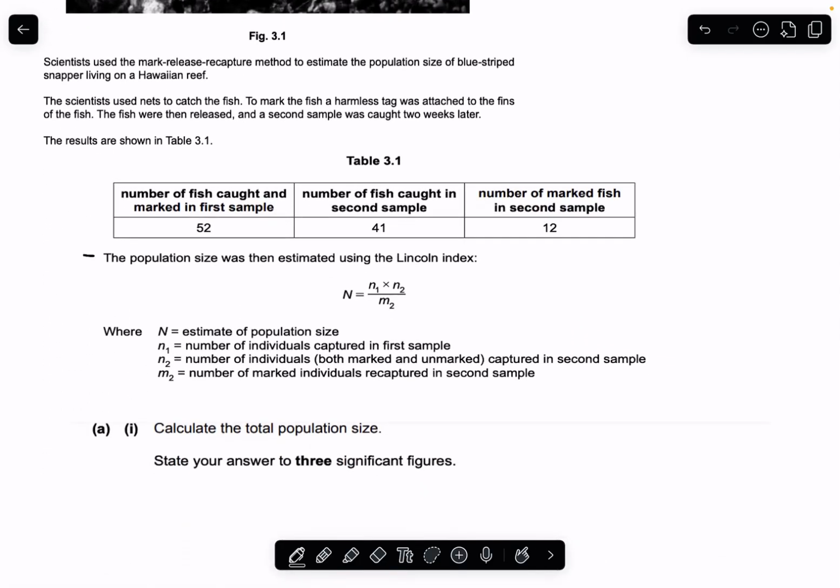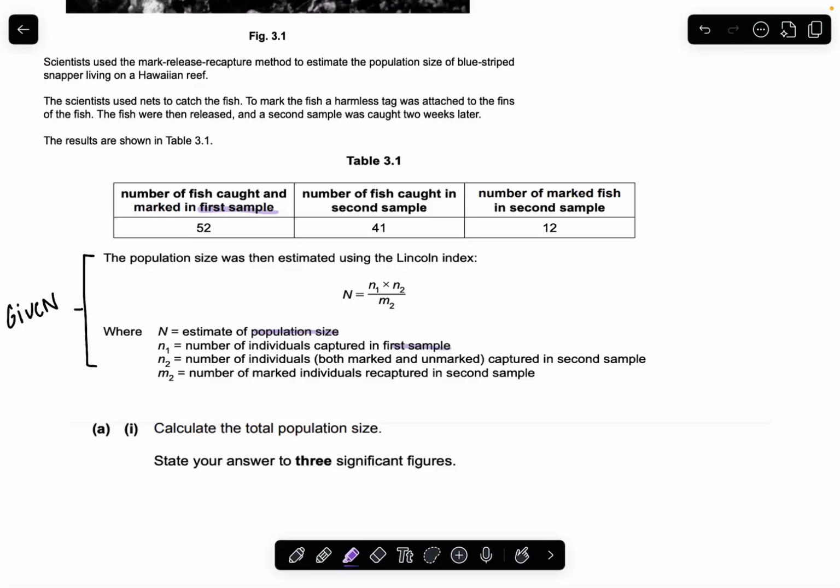Lincoln's index, remember, I just said that all these formulas are always given. So you don't need to worry about memorizing any formulas, but you do need to know how to work the equation. So we are always given the variables. Capital N is population size. N1 is first sample, so match it to first sample in your table.